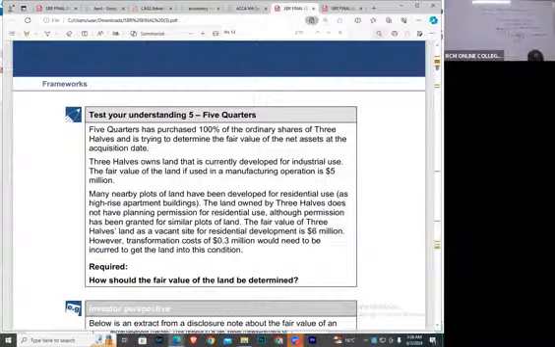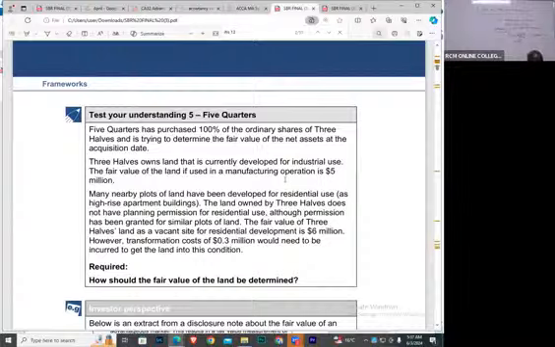The fair value of the land, if used in a manufacturing operation, is 5 million. So one way of using this land to generate cash flows is to put up a manufacturing plant, and we'll be able to get 5 million. So currently this land is valued at 5 million.